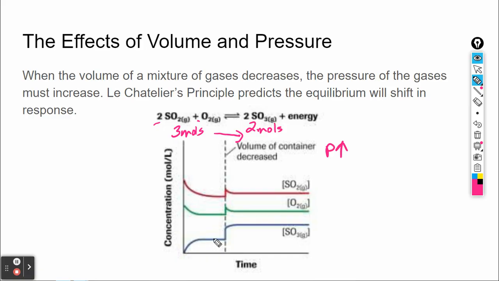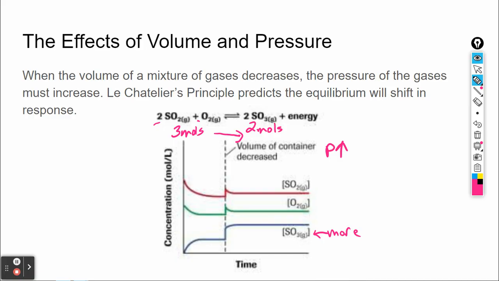So what happens, we see that the equilibrium shifts towards making more of the SO3 pretty dramatically. On the other hand, as it does, you end up shifting away from the SO2.